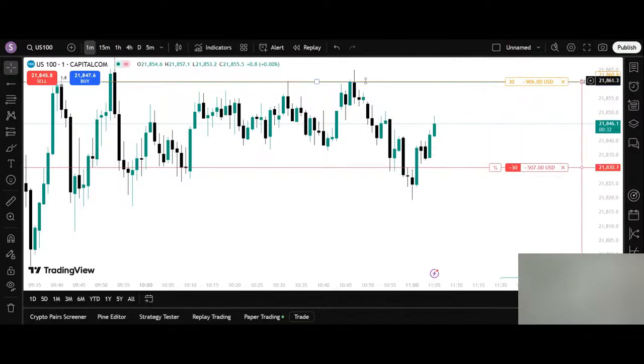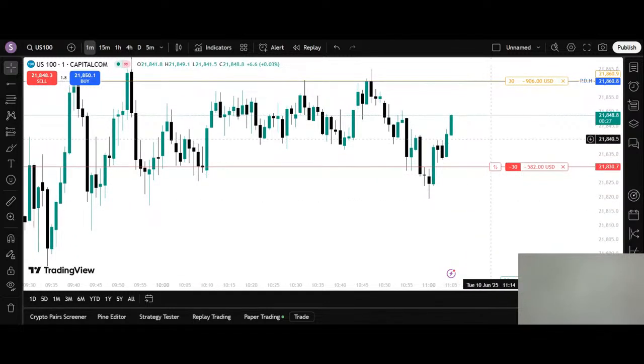Might just hit our SL, but it's okay. We're not over leveraging or anything. I'm just gonna wait for it. Please don't get stuck in a consolidation again.